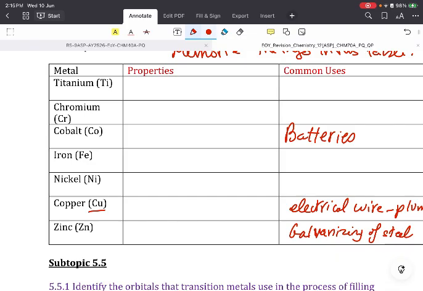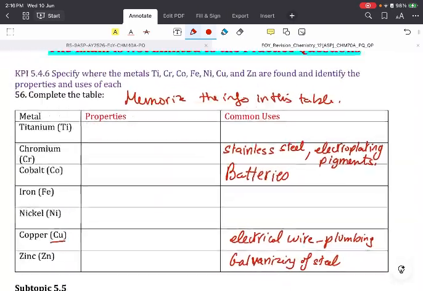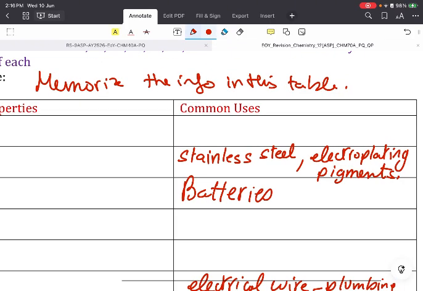Chromium is very shiny, and it's mixed with the iron to make steel. Remember, stainless steel is very shiny because it contains chromium. It is used in electroplating and pigments. Titanium is a very light metal, but it's hard at the same time.